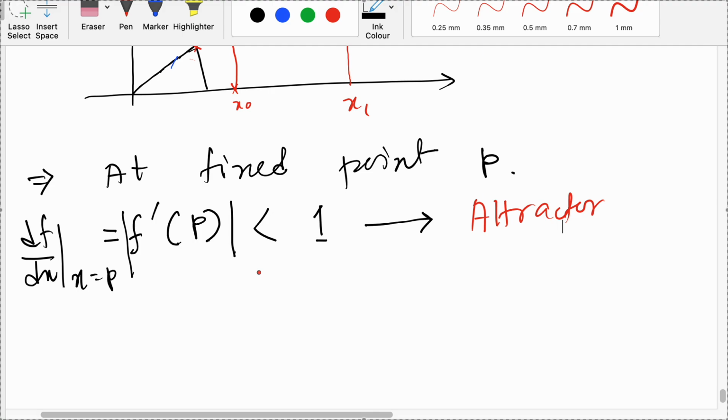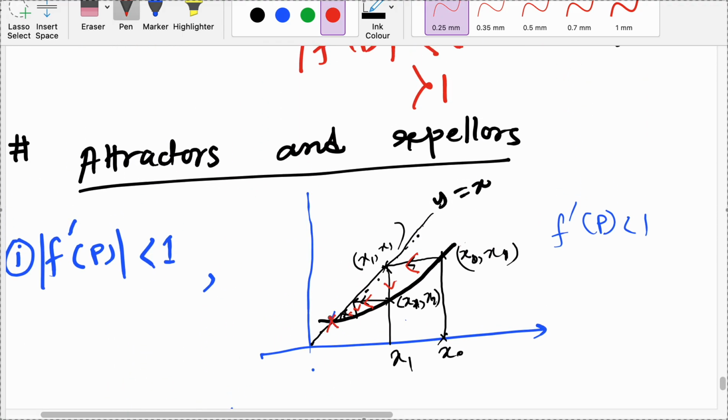Because you see here all the initial conditions near about this point, it will attract all the initial conditions, so that's why it is called an attractor.